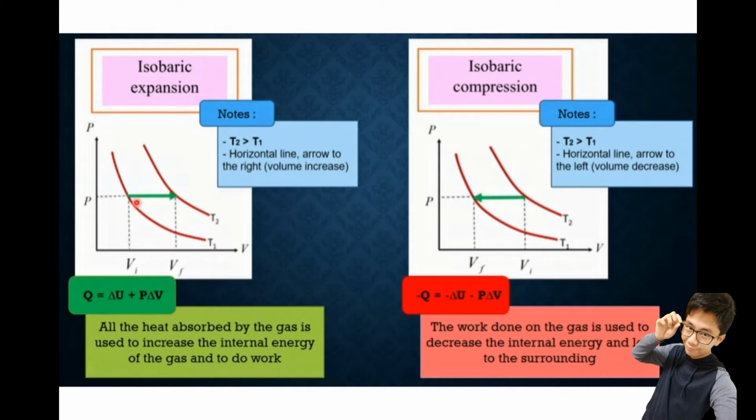So we can see that when the pressure is constant, the volume increases from initial to final. With the equation Q is equal to delta U plus P delta V, from this graph we know that all the heat absorbed by the gas is used to increase the internal energy of the gas and to do work.